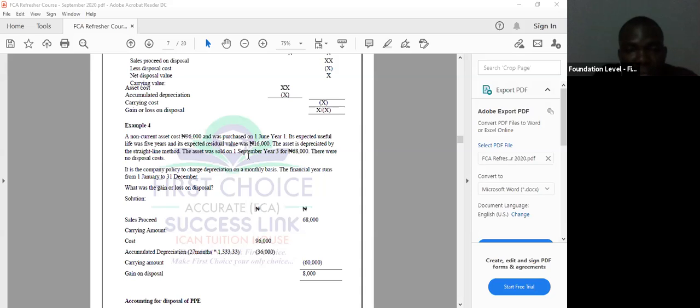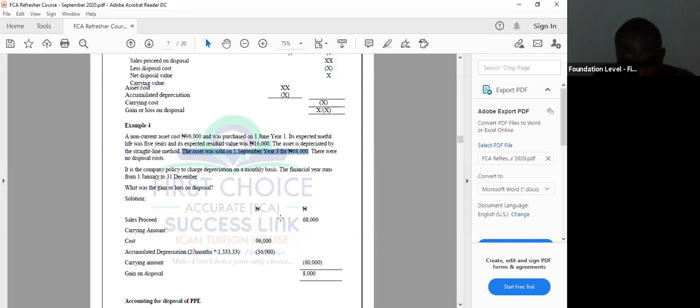Okay, this is it. The asset was sold on 1st December year 3 for 68,000. That's our sales proceed, 68,000. So we have the sales proceed here.